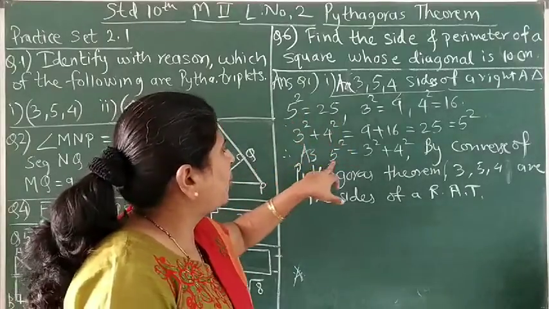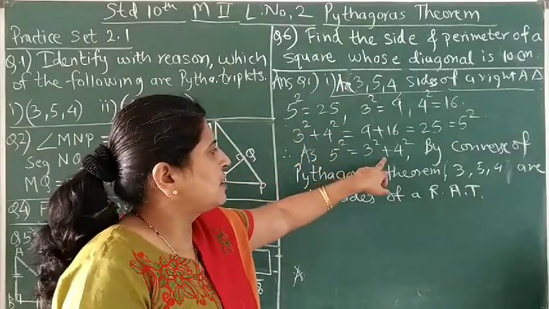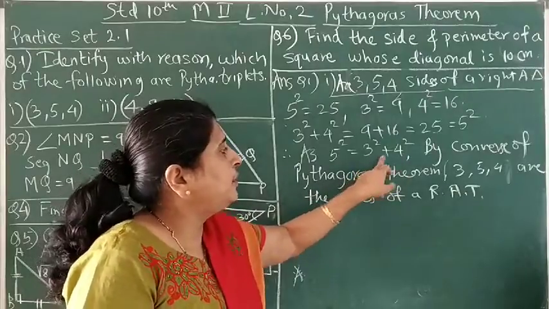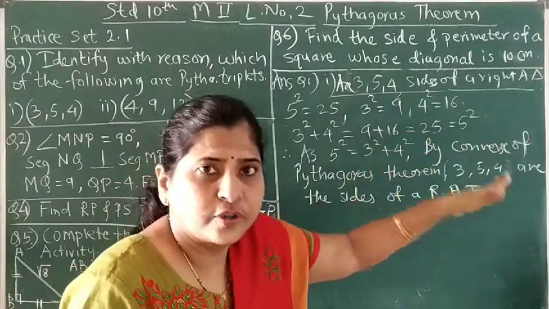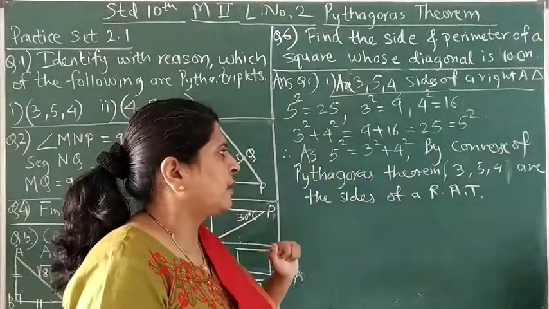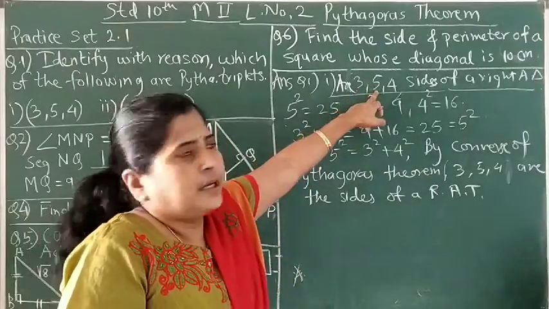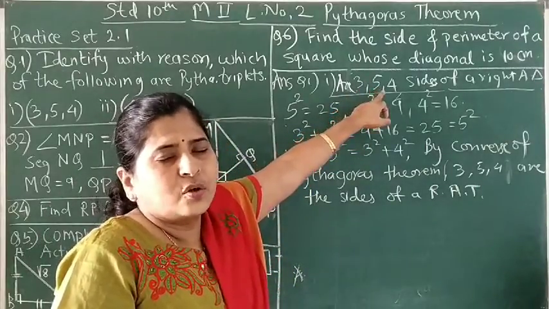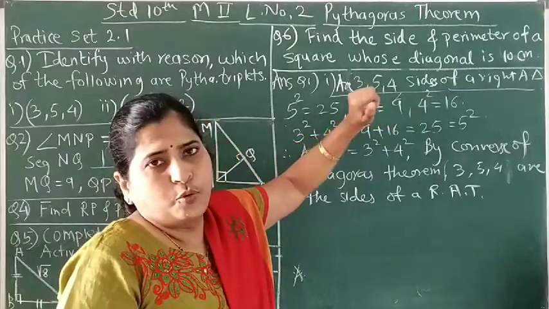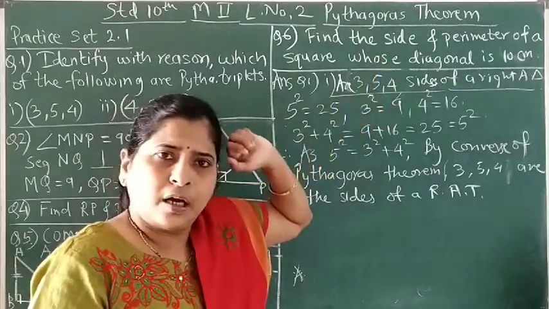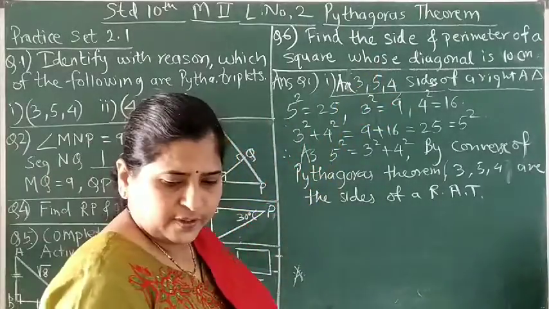If the square of one side is equal to the sum of the squares of the remaining two sides, then by converse of Pythagoras, that triangle is a right angle triangle. And of course the biggest side is the hypotenuse, where 5 is the hypotenuse. So this way we can solve.